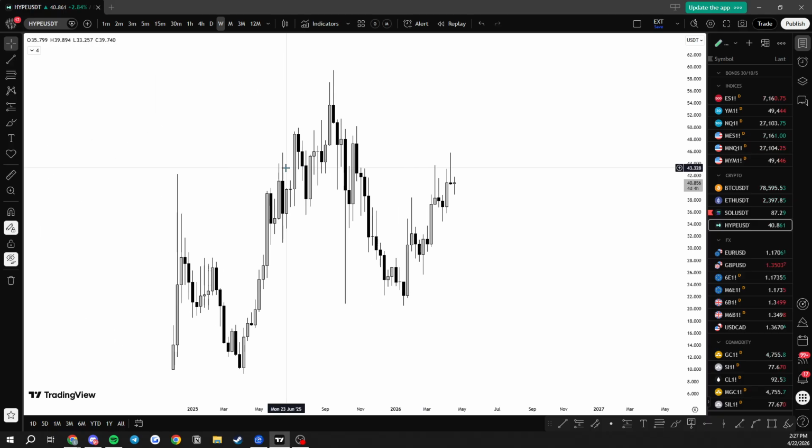Plus, I think hype kind of stands out a little bit, being that I don't even know the exact news, but I just know that you can trade ES and NQ 24 hours a day on hype now. So if I'm not mistaken, that's one of the reasons why it's just been absolutely popping off. Doesn't give a shit about what the rest of the market's doing. It's doing its own thing.